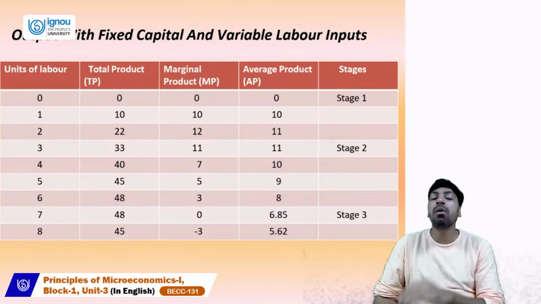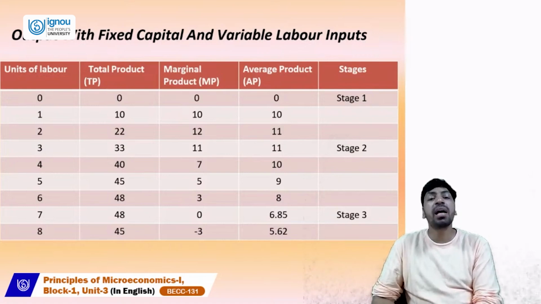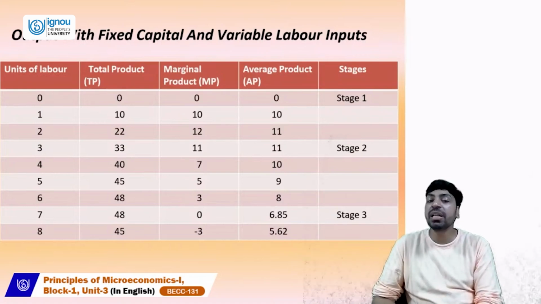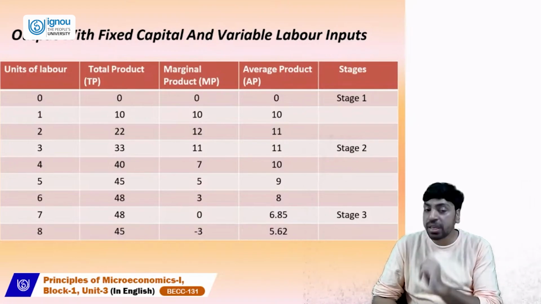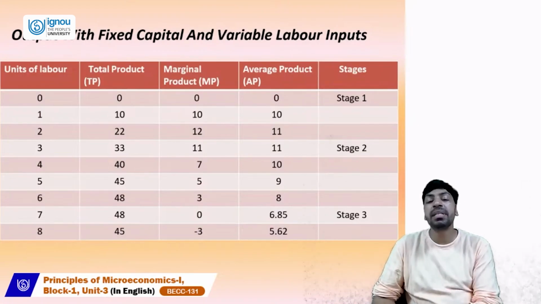If we look at the shape of the marginal product, it initially increases at an increasing rate, then it becomes constant at 11, then immediately it starts declining and reaches 0, and then becomes negative.